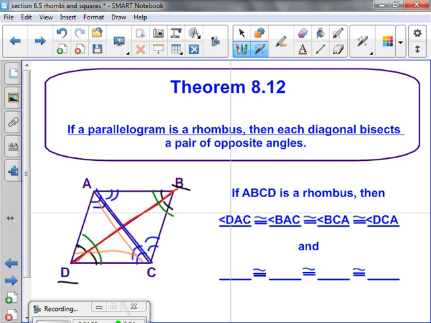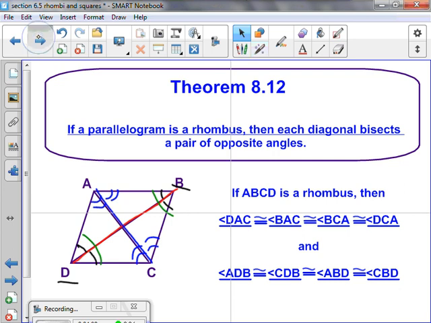So these four, 1, 2, 3, 4. And clearly, with the next one, this and this are all the same. Angle ADB is congruent to angle CDB, is congruent to ABD, is congruent to CBD. Sounds good? Let's see if we can do some math with this.